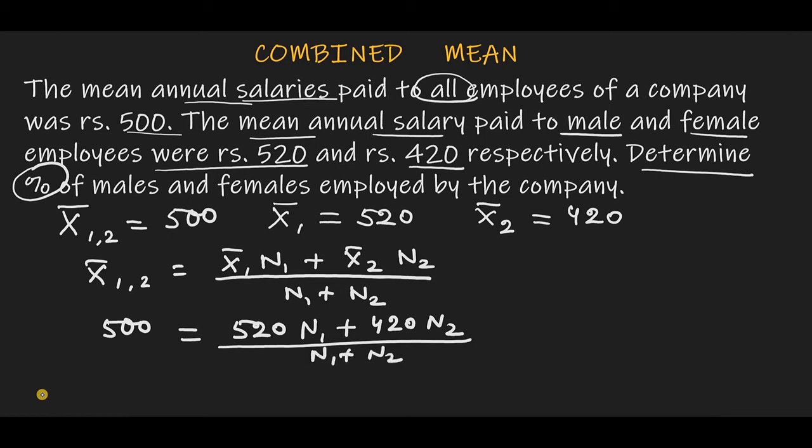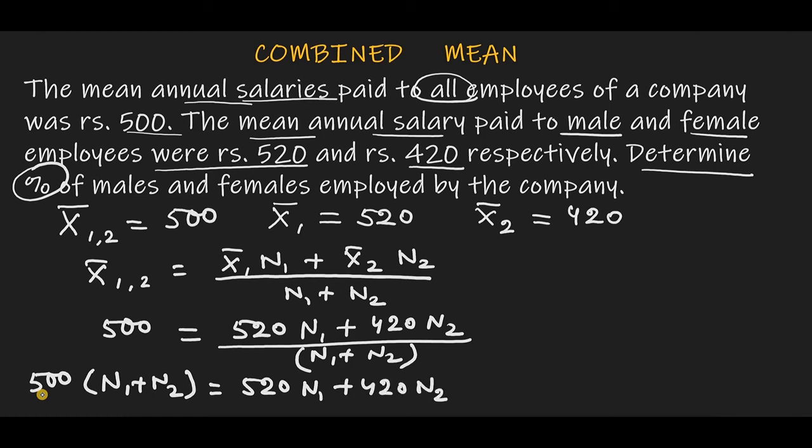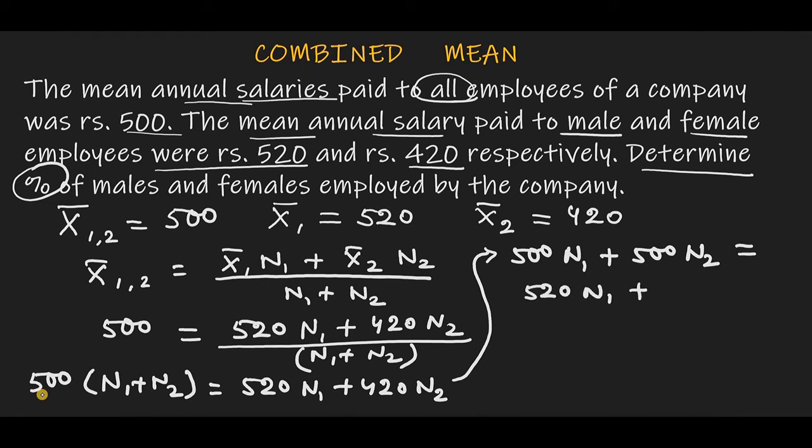If we cross multiply n1 plus n2 with 500, it will be 500 multiplied by n1 plus n2 is equal to 520 n1 plus 420 n2. Solving it, 500 n1 plus 500 n2 is equal to 520 n1 plus 420 n2.